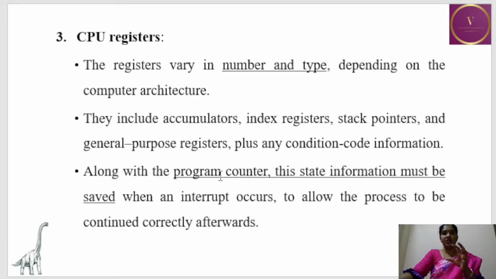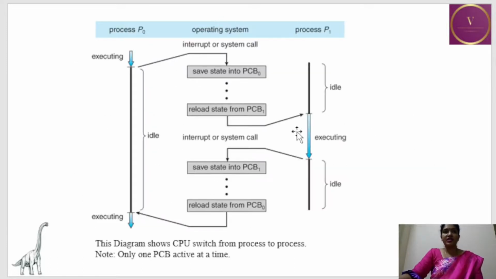So we will understand the CPU registers by seeing the next diagram. In this diagram there are two processes, P0 and P1. Process 0 is getting executed and in between is the operating system function, and let's see what is happening in this diagram.